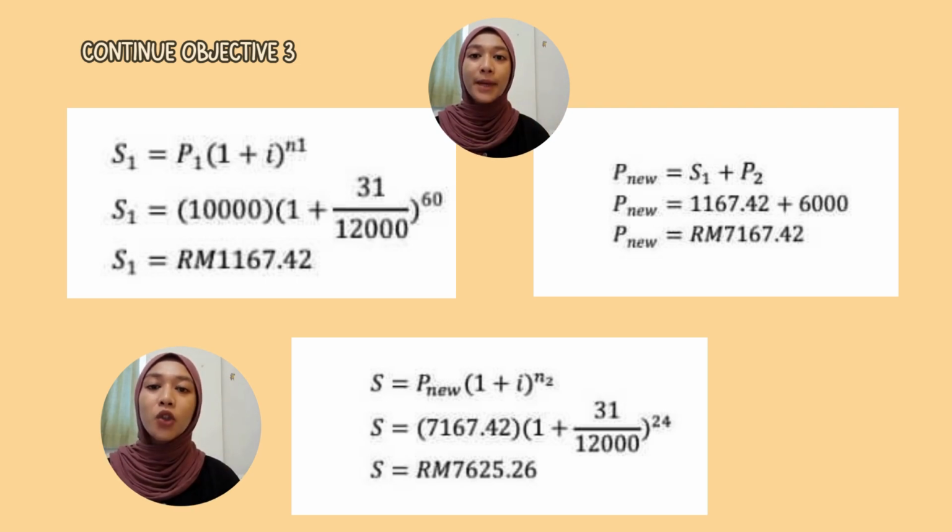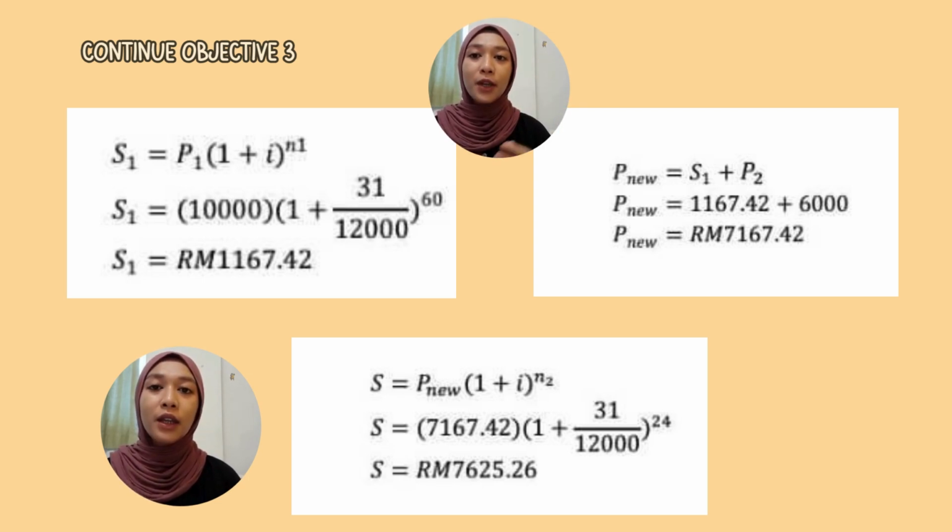We need to find P new. The formula is P new equals S1 plus P2. So then S1 equals 11,674.25 plus 6,000.